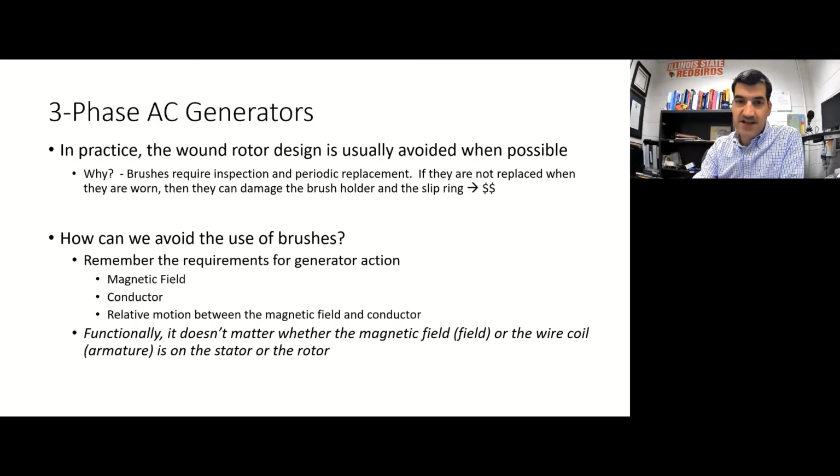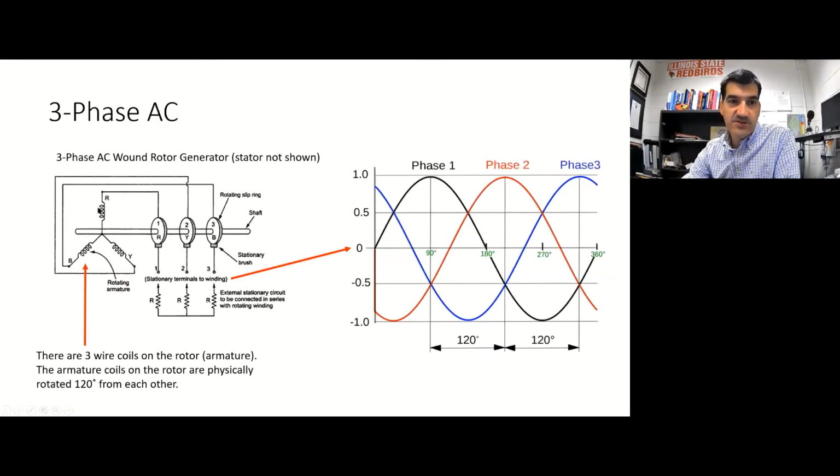Right? I'm going to go back a slide again. If we have the armature on the rotor like this, then we got to find some way of getting that electricity off of the rotating armature and onto the stationary electric grid. So to do that, we use these slip rings that are rotating, and we use brushes that are riding on them to conduct the electricity.